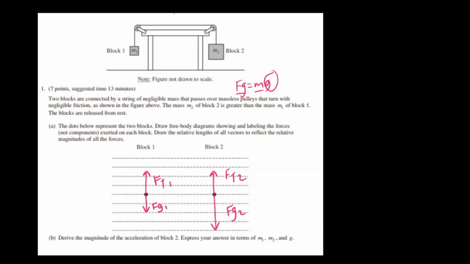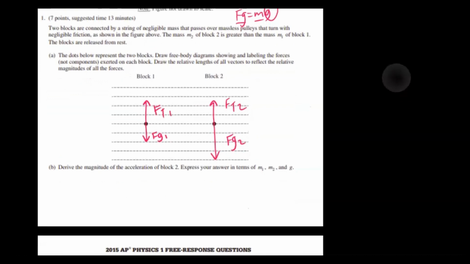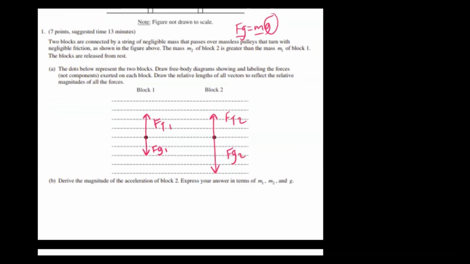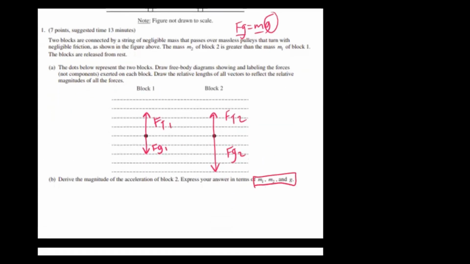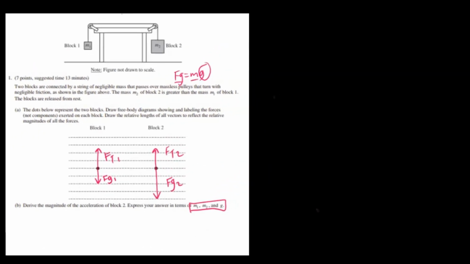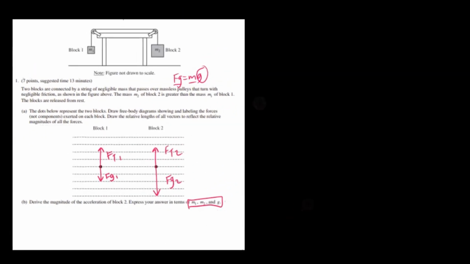So it wants us to derive the magnitude of the acceleration of block 2. Express your answer in terms of those things. Okay, so as I said before, this is a Newton's second law problem. So let's just write out Newton's second law and see where we can go from there. Sum of the forces is equivalent to m times a.